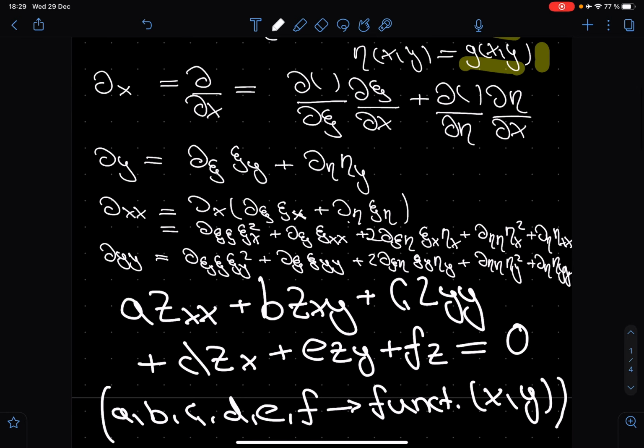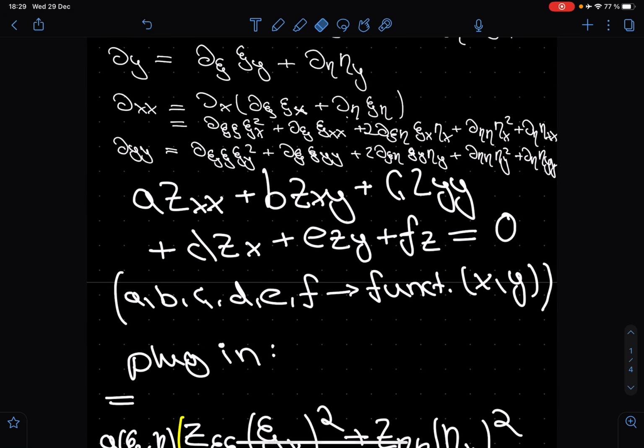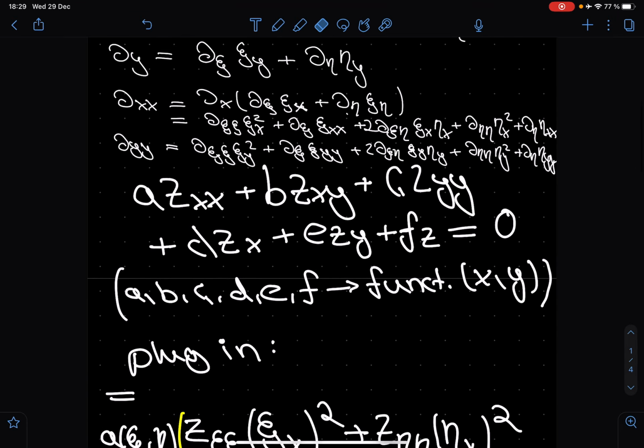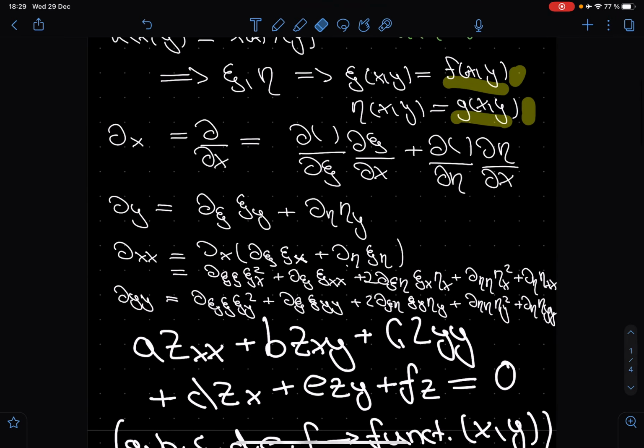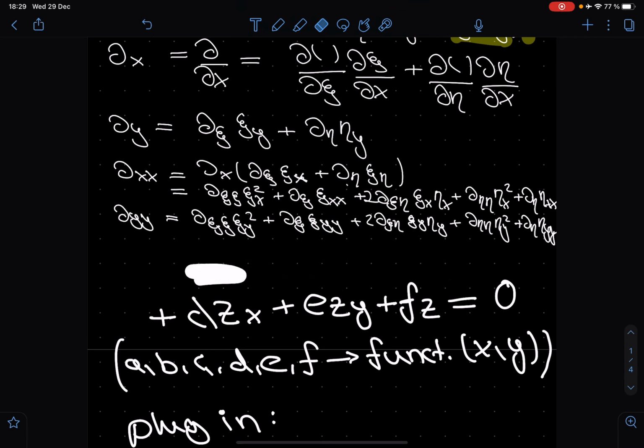So here I just made a copy of these functions. What you can see here is the general equation again. And if you plug in those derivations, it will look a bit complicated. So what we are going to do now, let me clear that up, maybe write it a bit clearer.